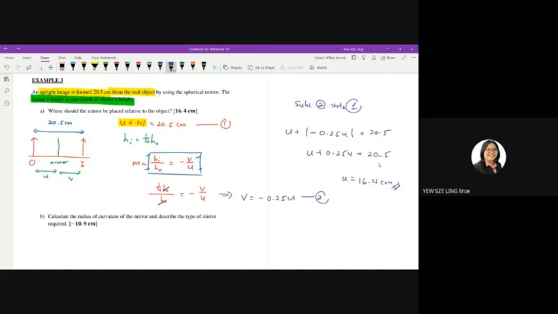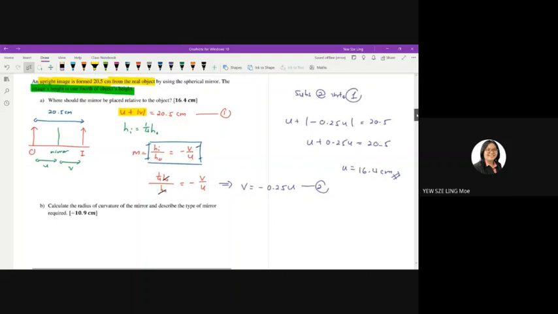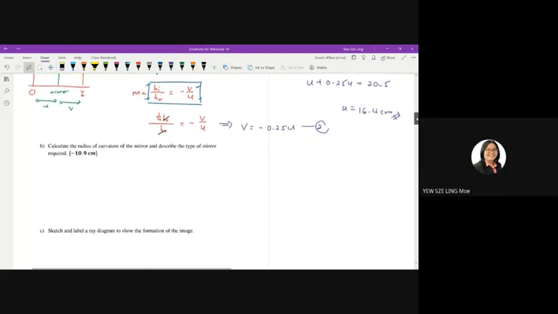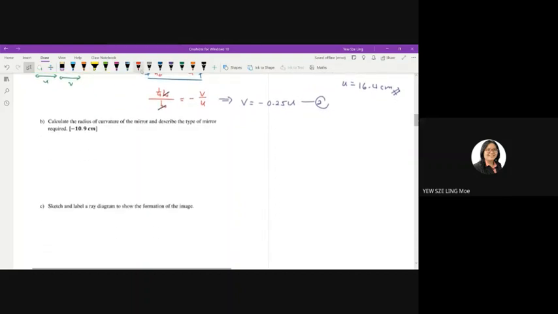Now, question B. Calculate the radius of curvature of the mirror and describe the type of mirror required.